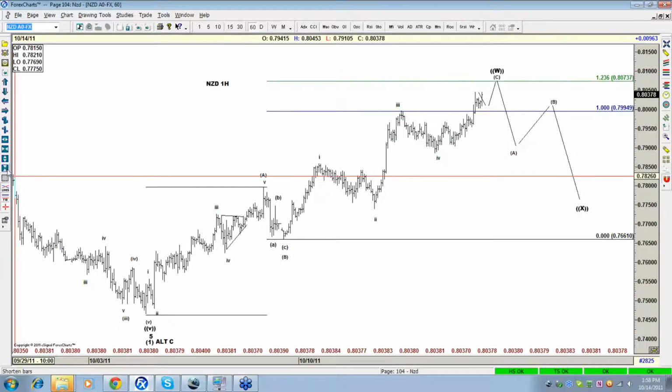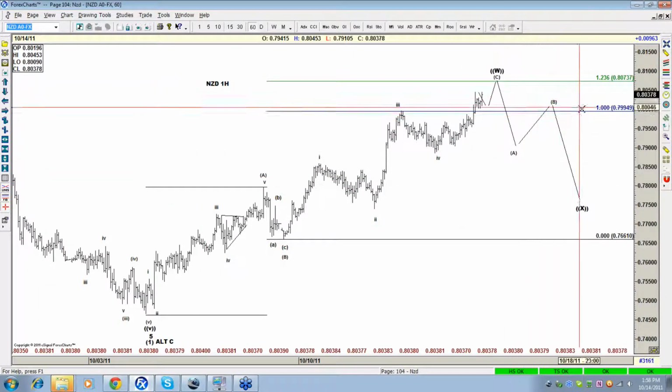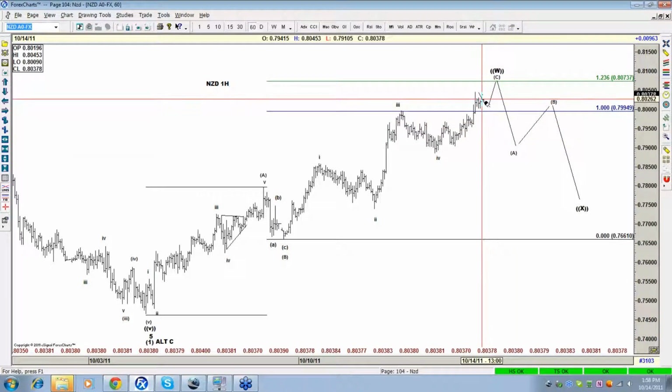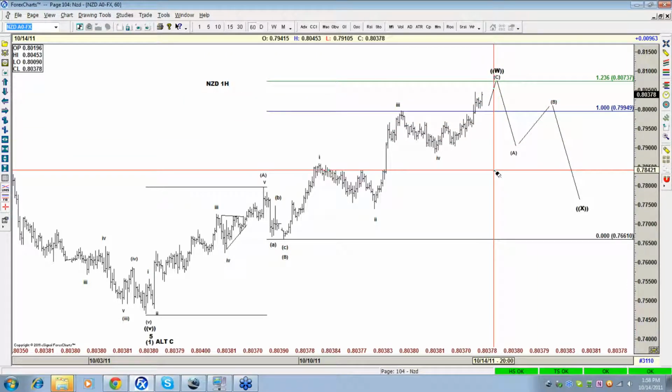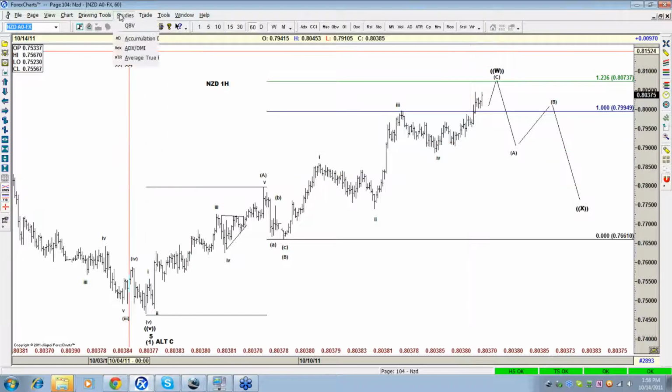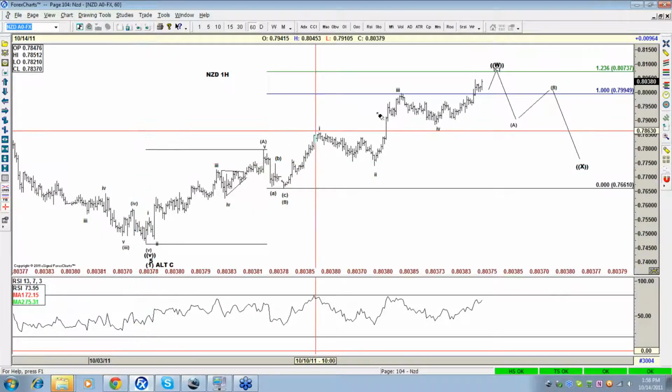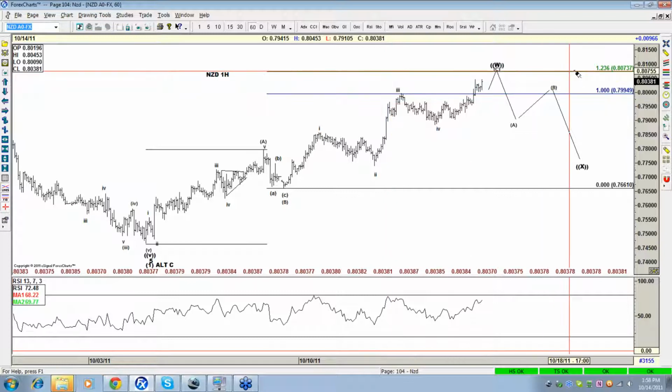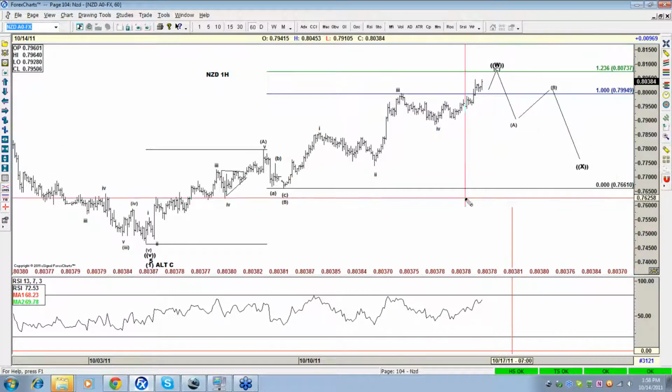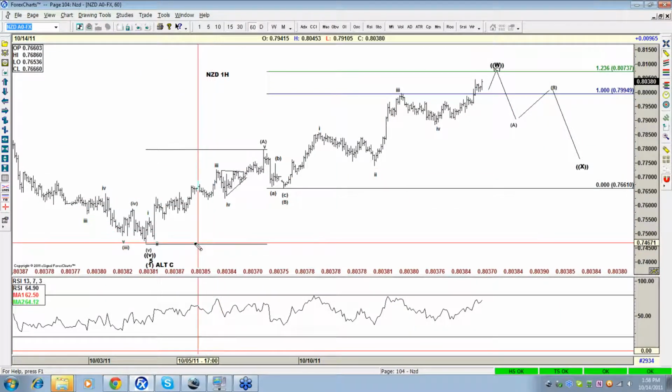Short time frame, I like it. 80.73. Those are the levels that we posted early on in the room, the levels that we like for the cycle to be in. RSI, look, huge divergence. What do you have in your RSI? Divergence on the first move.